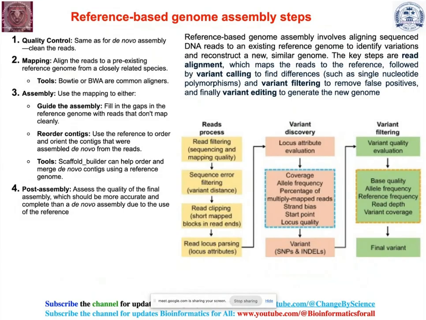The key steps are read alignment, which maps the reads to the reference genome, followed by variant calling to find differences such as SNPs, variant filtering to remove false positives, and finally variant editing to generate the new genome. But these things depend on the goal of your project.